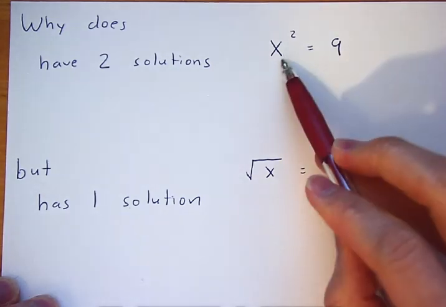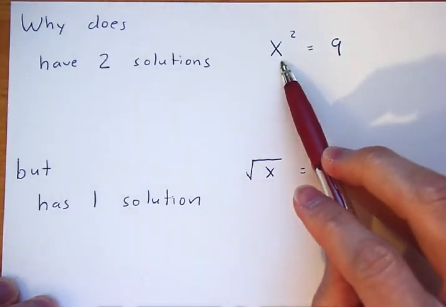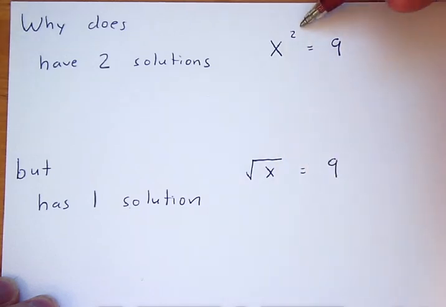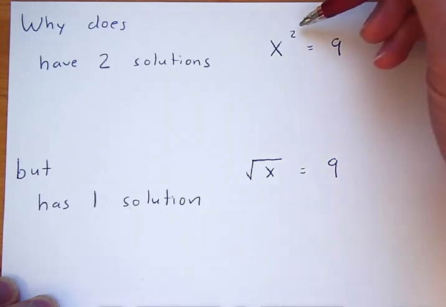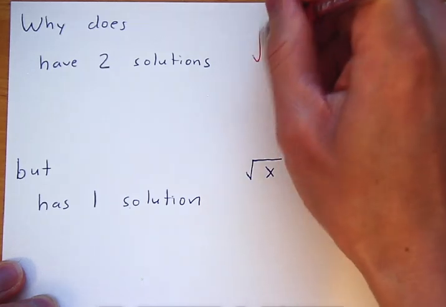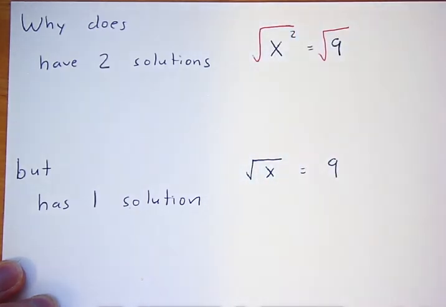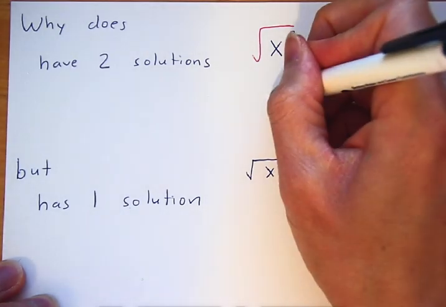So since we want to get our x here by itself, in algebra they would tell you to do the opposite of this exponent 2. So the opposite of exponent 2 is square root. So I could square root both sides. And on this side, it'd be x.